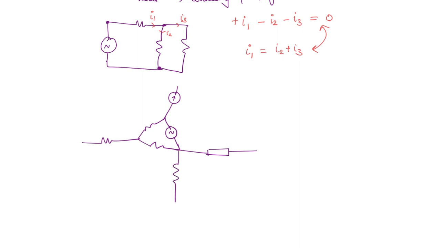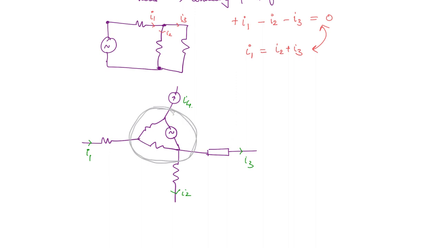If you take this entire set, you can consider it as one single node, where the current entering here is I1, here I2, here I3, and this current source is giving I4. KCL can be applied for this entire region as well, because whatever is going into a particular region should come out of it.